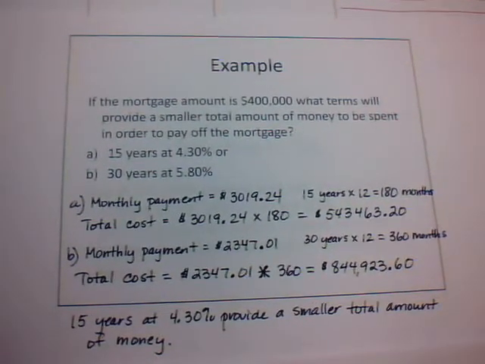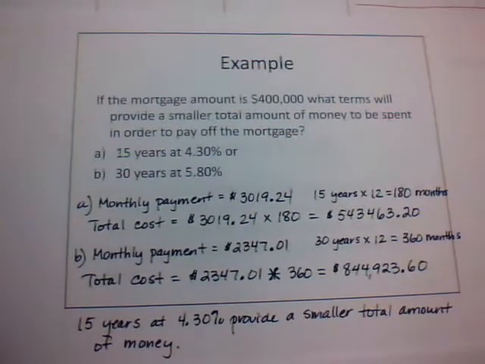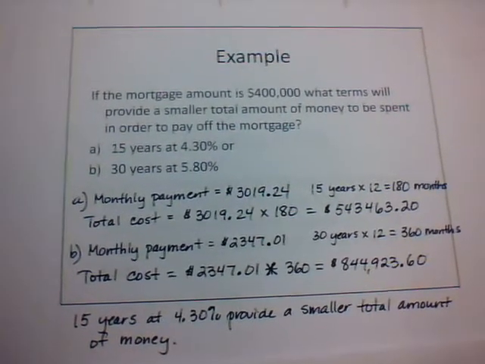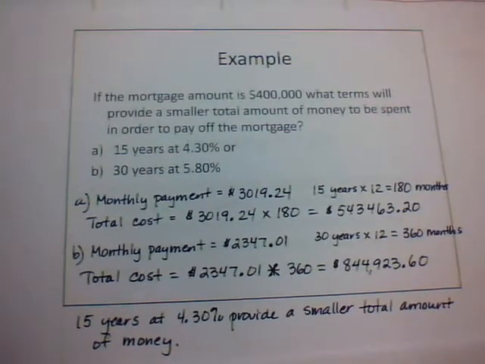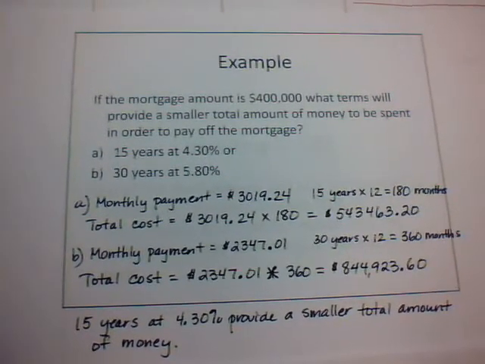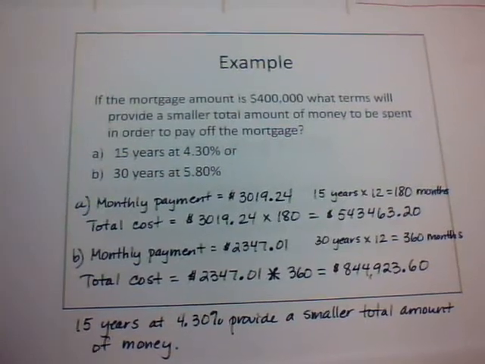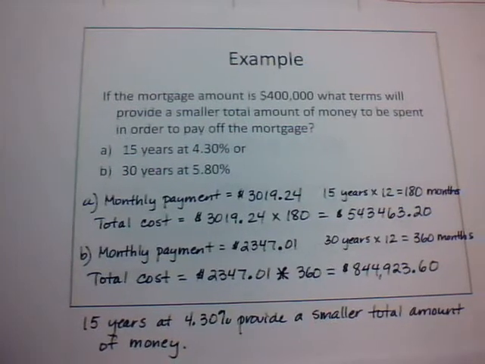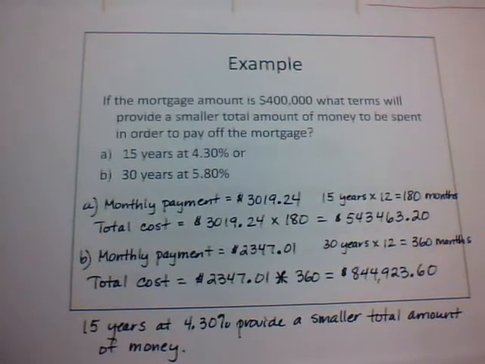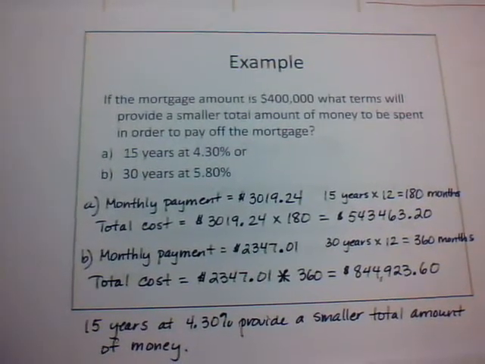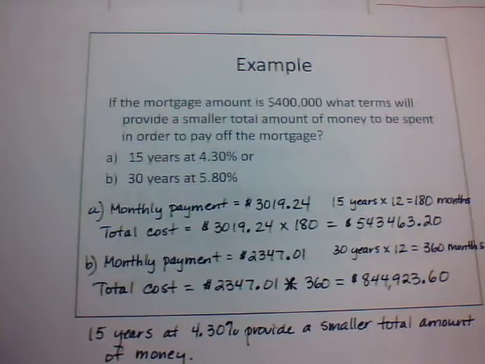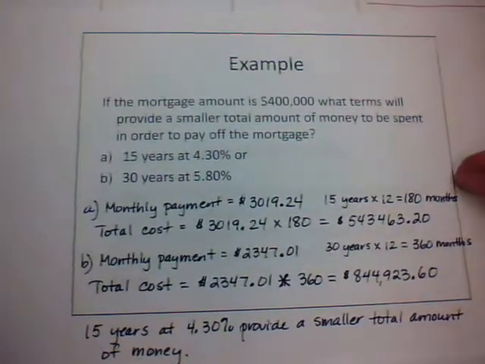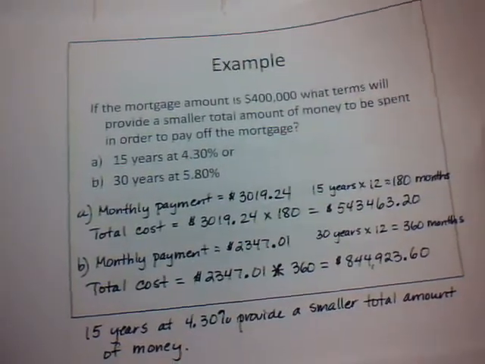So in this case, a 15-year mortgage at 4.30% will provide a smaller total amount of money that you'll have to pay on that mortgage. Okay, so if you get more years on it, then obviously it's going to cost you more money. Fewer years, the monthly payment may be more, but in the long run, it'll cost you less in the end.